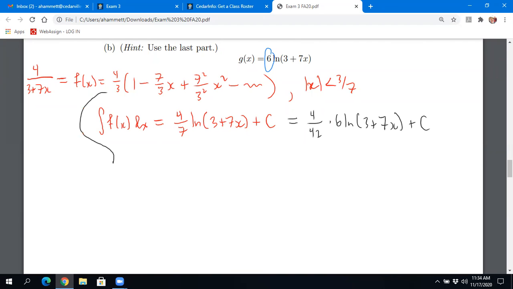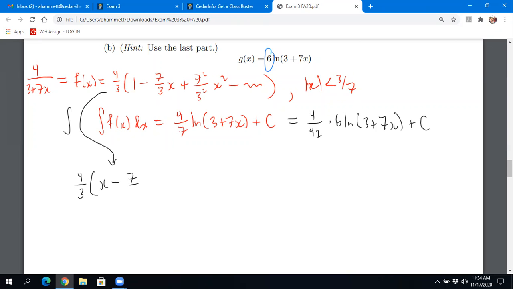And then all I have to do is just integrate this thing term by term. So let's see here. I can integrate that thing term by term. Okay. What is the antiderivative of 1? By the way, the 4/3 just kind of comes along for the ride. 4/3. Okay, what's the antiderivative of 1? x. Okay, and then what about the next thing?